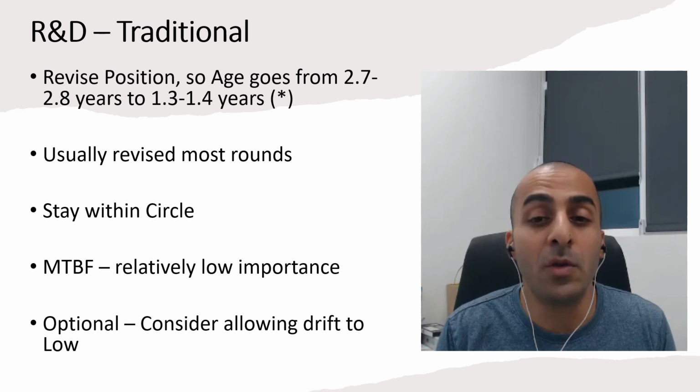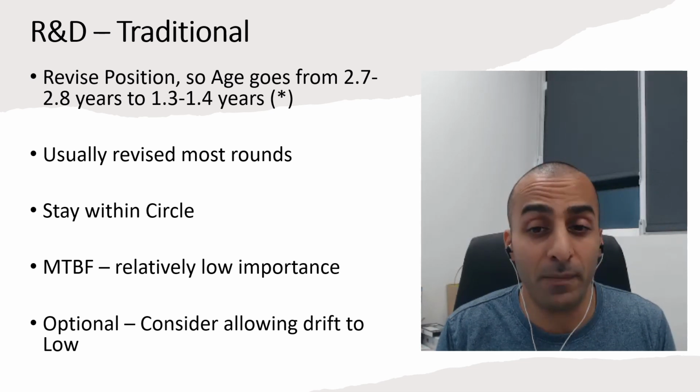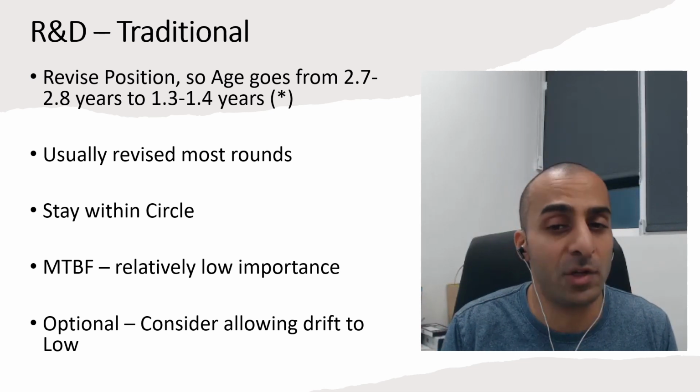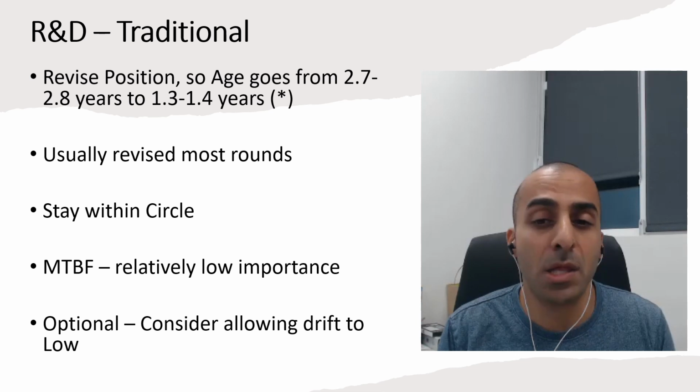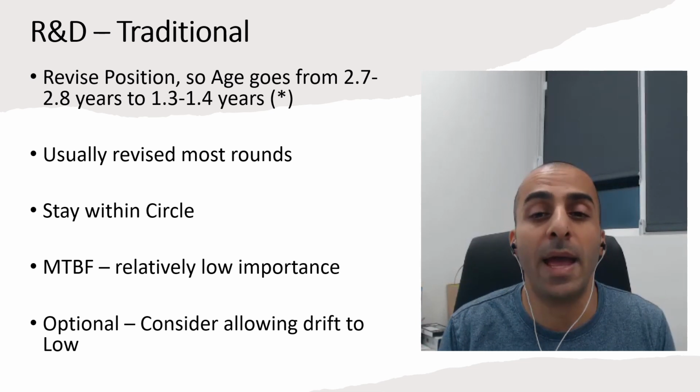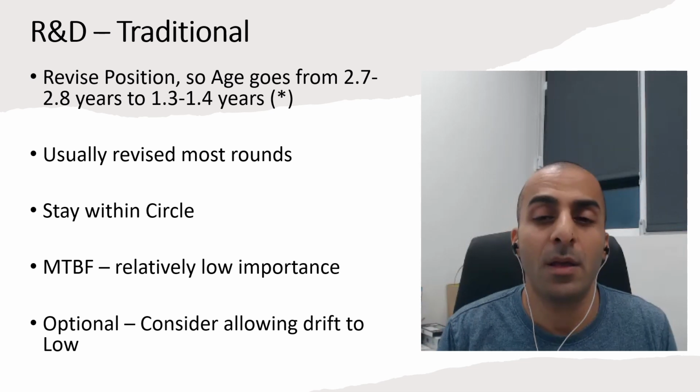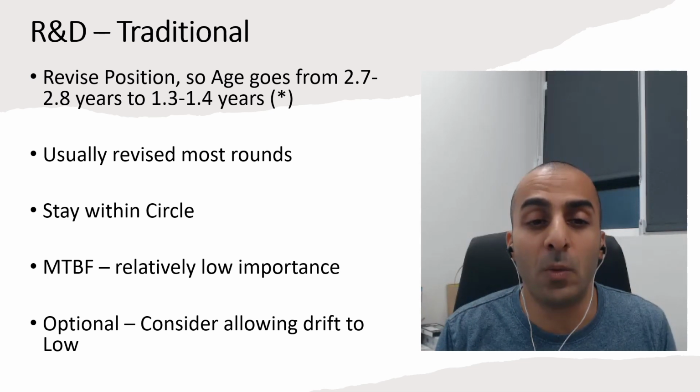The position is usually revised most rounds, but in this specific sector, it is not mandatory. Sometimes you can make a long revision or not touch it at all. It's not necessarily a mistake because the age is our priority, not the position. You want to be within the circle.